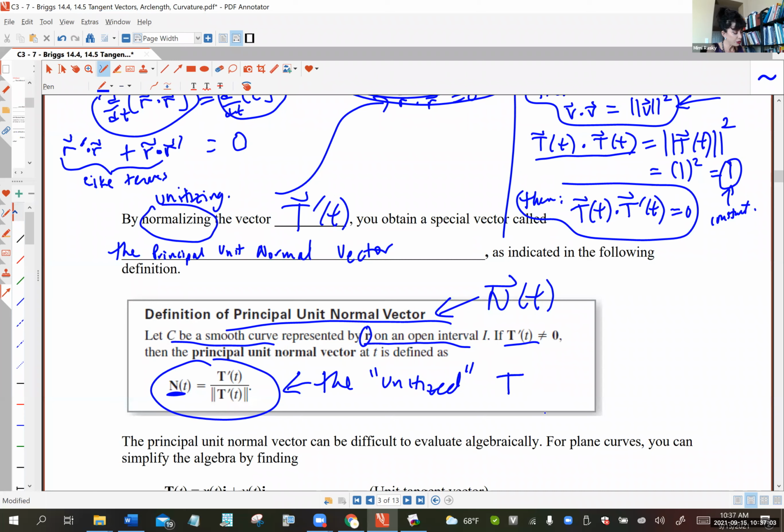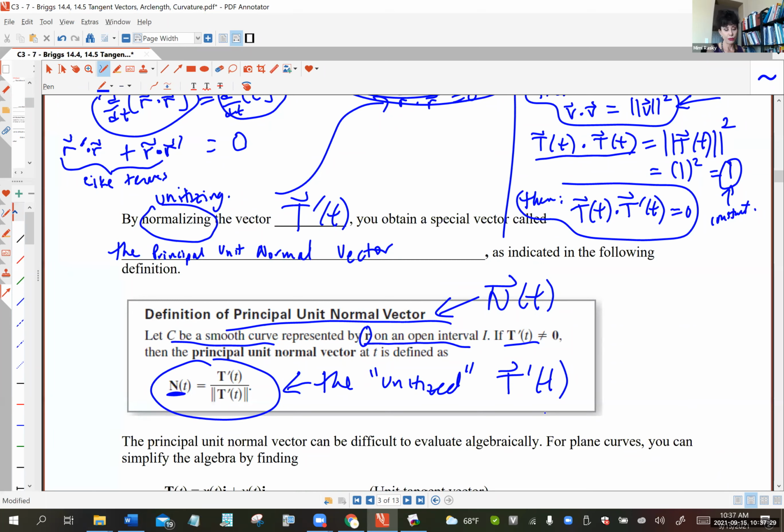Now, a lot of students wrongly think, oh, since big T is just the unitized velocity, I bet this is just the unitized acceleration vector, right? No, it is not. So don't make that silly mistake. We just saw by that little animation that acceleration is not always guaranteed to be orthogonal to the tangent vector. So you don't want to use that.